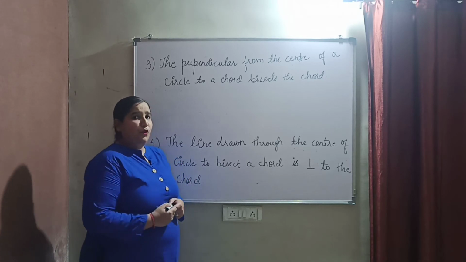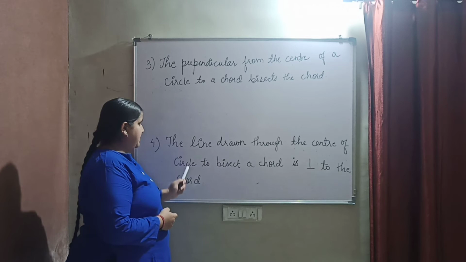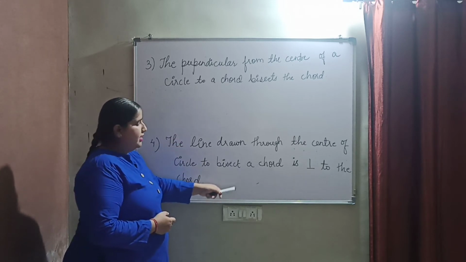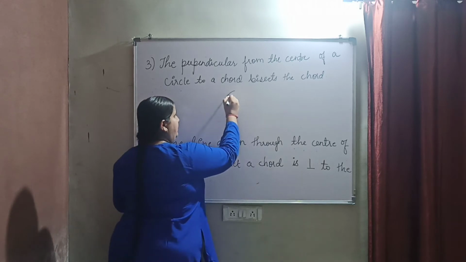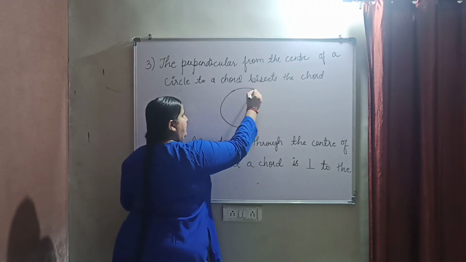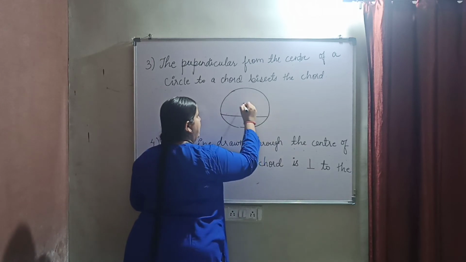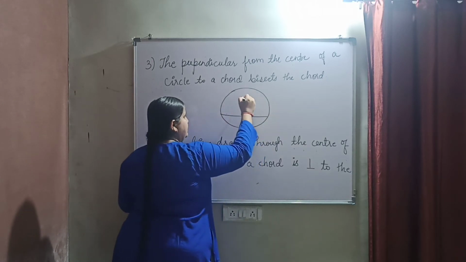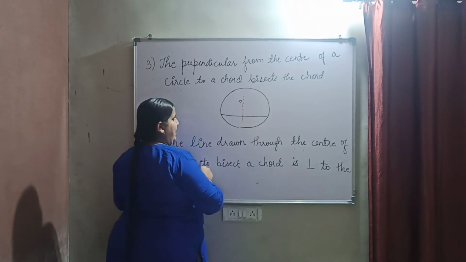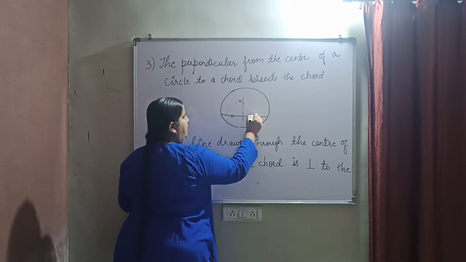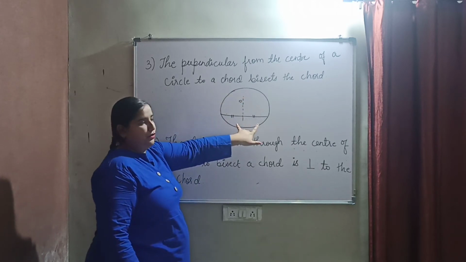Now the theorem number 4 says that the line drawn through the center of a circle to bisect a chord is perpendicular to the chord. You are having a circle and you are drawing a line from the center. Suppose you are drawing a line from the center that is touching the chord and it is already bisecting the chord, then this particular line is perpendicular to this chord.